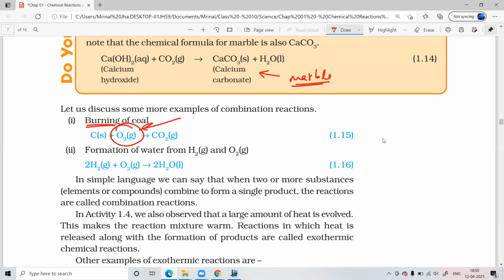Whenever you burn something, you are making it react with oxygen chemically. So burning of coal will be carbon plus oxygen and it will form carbon dioxide. In the same way, hydrogen and oxygen, these two are gases, and we had seen this reaction earlier also. They combine to form water.